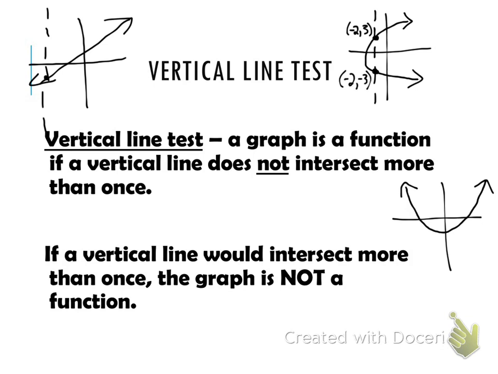So, because it's on the same x value, that means it has a repeating x value. And for a function, do we want a repeating x value? No, that's why the vertical line test works. Okay? Are there any questions about the vertical line test? All right, can I move on?